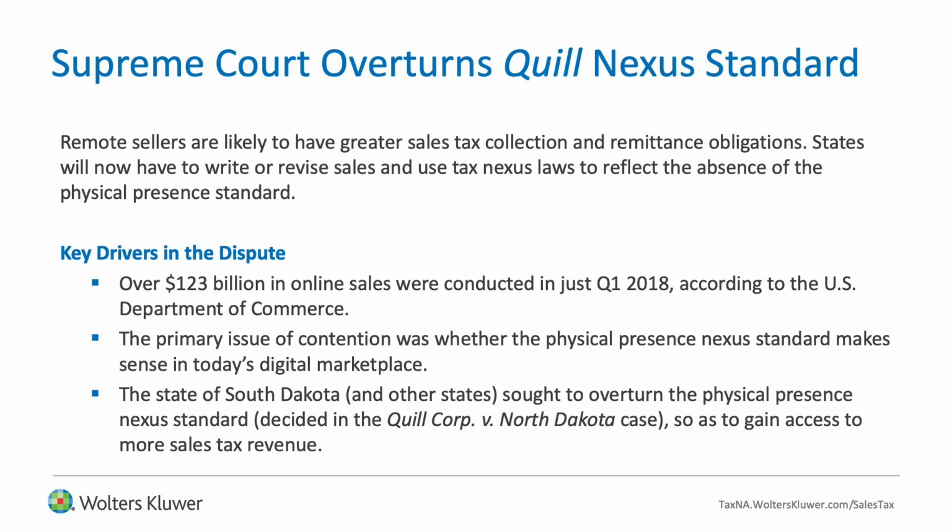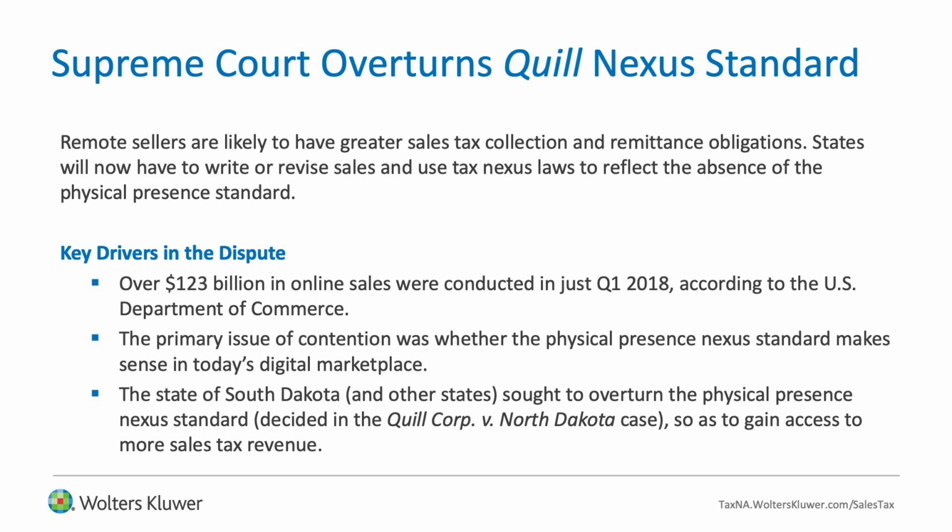So the key driver for this and the reasons why the Supreme Court looked at this case were the amount of dollars that were being conducted in online sales. So the contention was that physical presence did not make sense in today's digital marketplace, and that some states passed laws to overturn the physical presence standards.